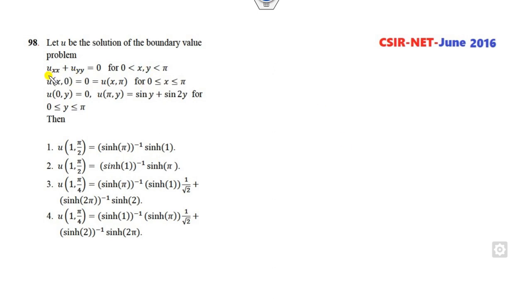Okay, what is that? This is my Laplace equation. Now I already told you the shortcut tricks for the heat equation, for when you have the form of sin ax. Now what are the shortcut tricks for the Laplace equation? Firstly, look over the condition given to you.